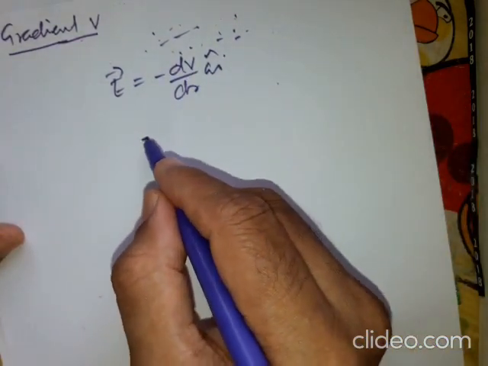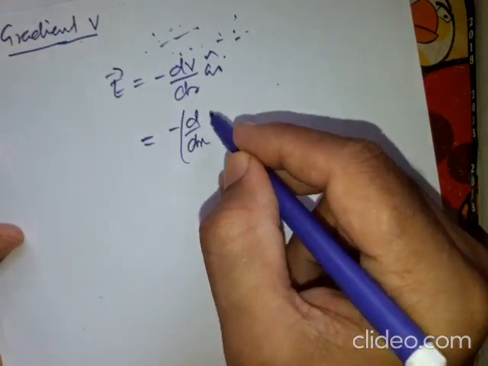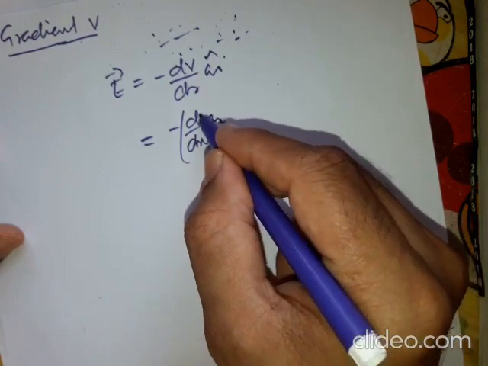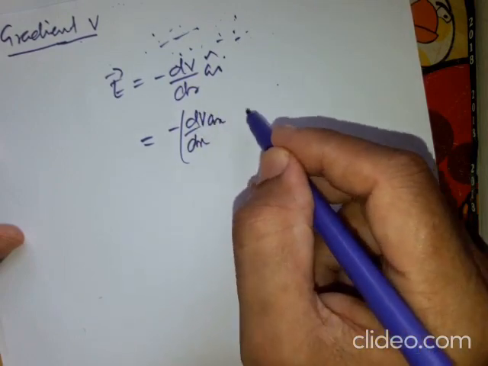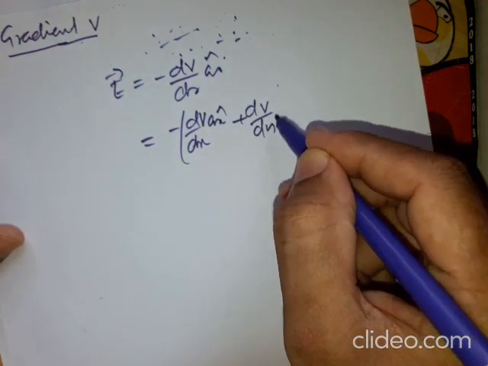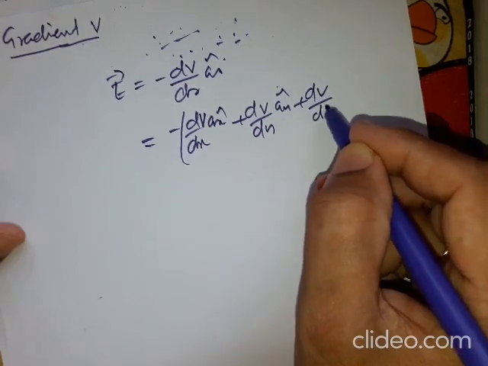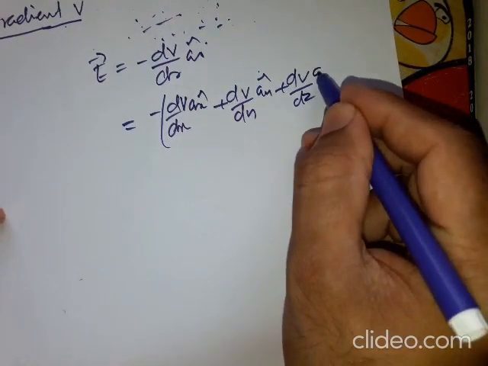And we can expand this as minus d by dx of V into AX cap plus dV by dy AY cap plus dV by dz AZ cap.